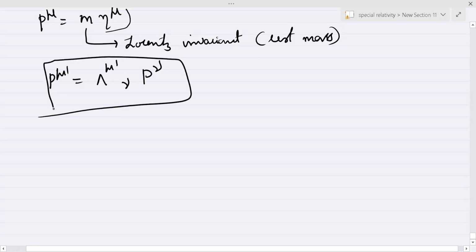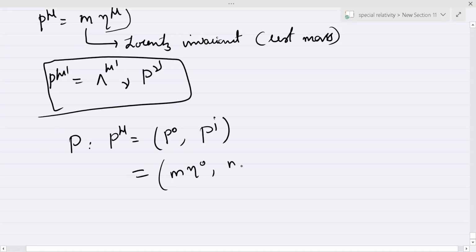Now let's look at the components. We can write the momentum four-vector simply as P, and the components of it. P mu is equal to P0, comma, we'll write as Pi. And we know P0 is m eta 0, and Pi is m eta i. And what was eta 0? Eta 0 was gamma c, do you remember that?